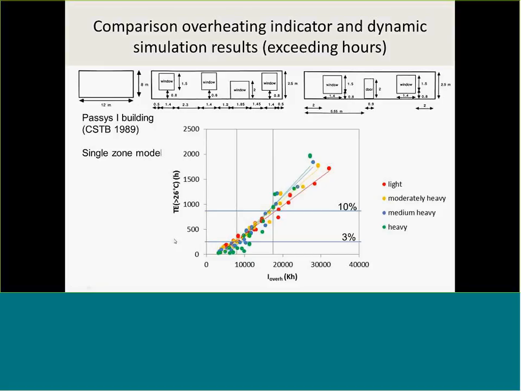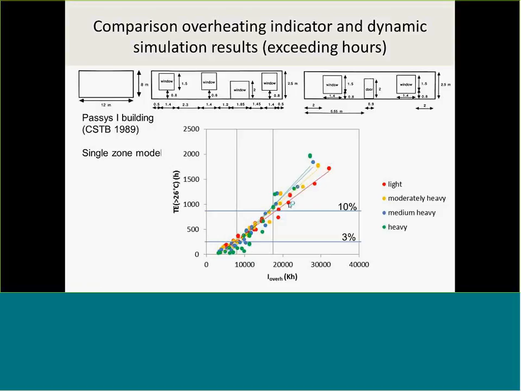So you see, in fact, fulfilling the overheating requirement of 17,500 Kelvin hours doesn't necessarily guarantee that all overheating problems are excluded in the design.